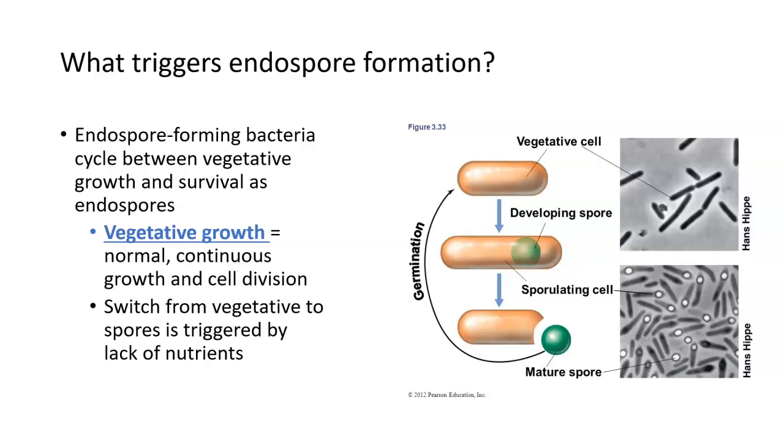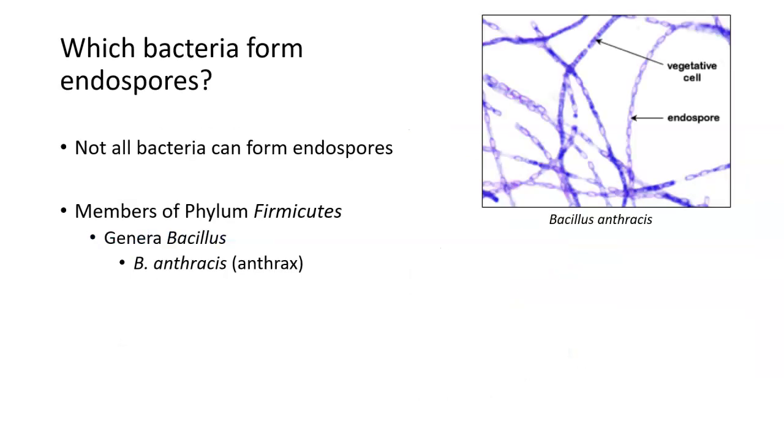In order for a vegetative cell to switch to an endospore, it has to be triggered by a stressor. The most common stressor is a lack of nutrient availability. If a bacterium doesn't have enough food to divide, it's not going to divide, and it's going to trigger formation of this dormant endospore.